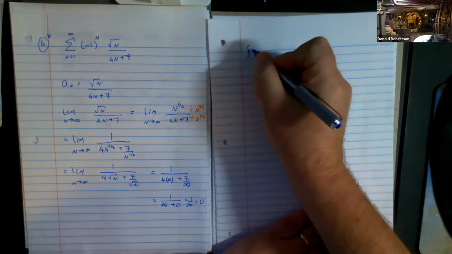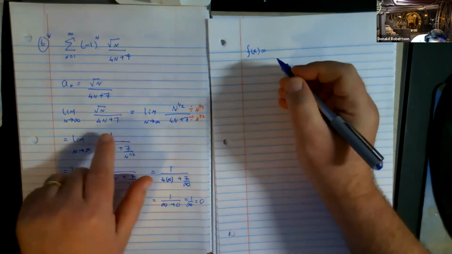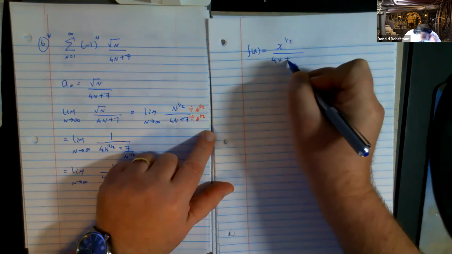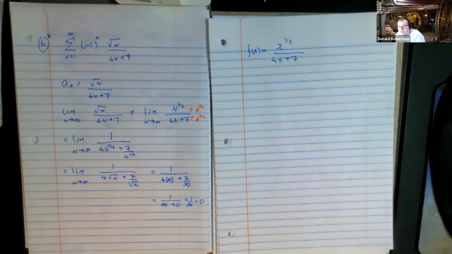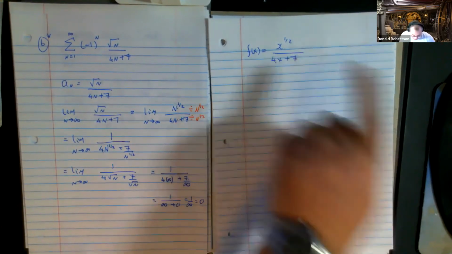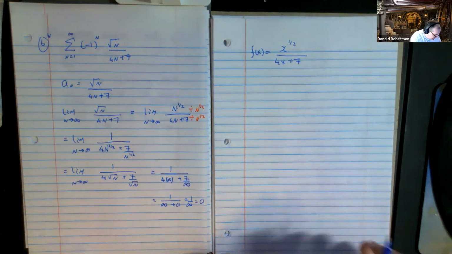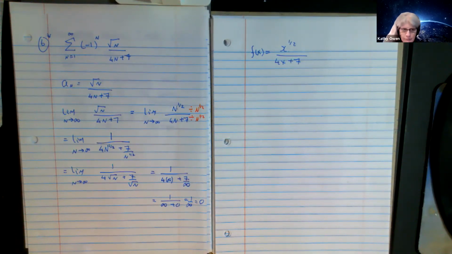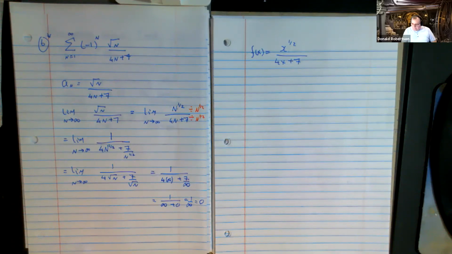Now, the real valued function is going to be x to the half over 4x plus 7, because we're not finished unless we prove that this, written in this format, is decreasing. Calc 1, differentiating a fraction. What rule does come to mind? Quotient rule? Correct, quotient rule.